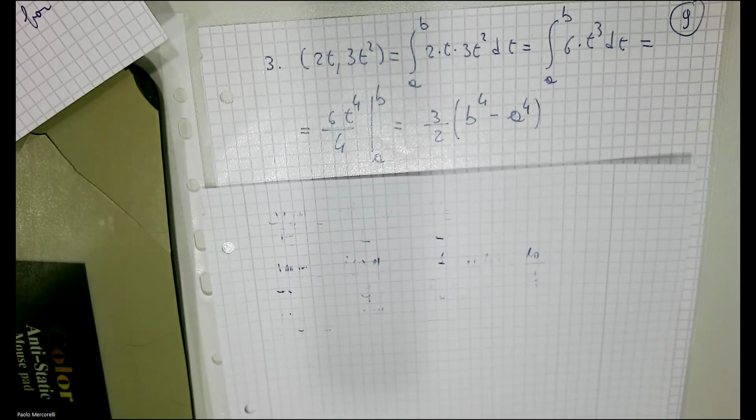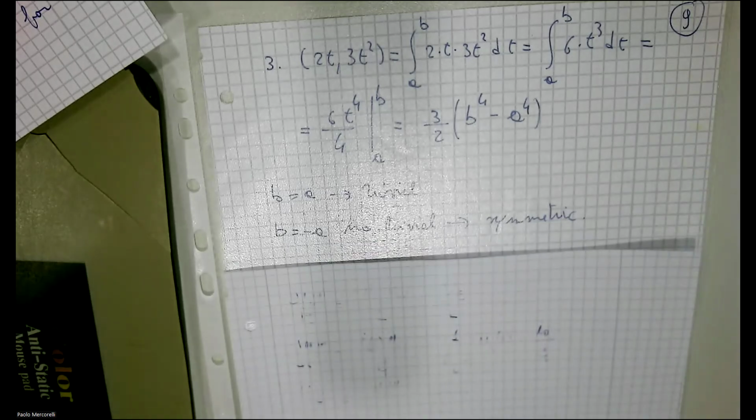This means we have 3 divided by 2 at the end, which multiplies b up to 4 minus a up to 4. We are in the even case at the end, no? In accordance with your rule. And this means we have both solutions. One is trivial, one is not trivial. In case of even, we have both solutions.